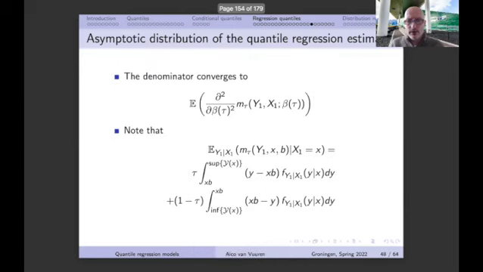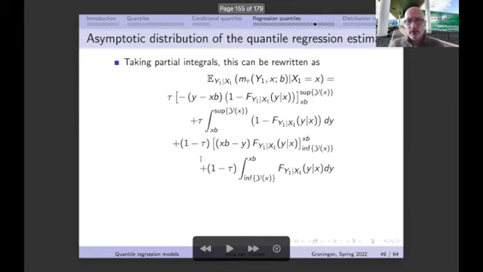Then we can also look at the second term. With respect to the second term, I'm simply going to use the distribution function as being the primitive of this density function that we have over here. So there we get the distribution function multiplied, of course, by xb minus y, and then evaluating these two terms over here. So then we get this term over here.